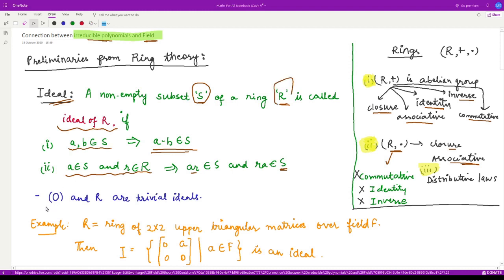So 0 and R are trivial ideals of any ring, right?